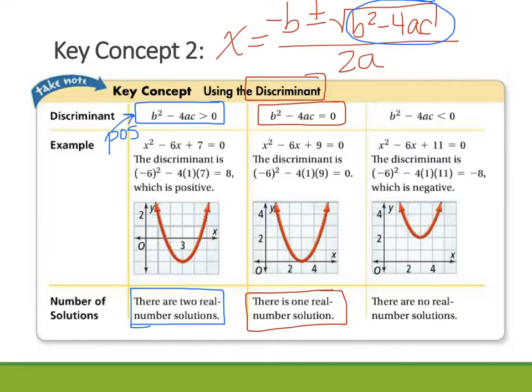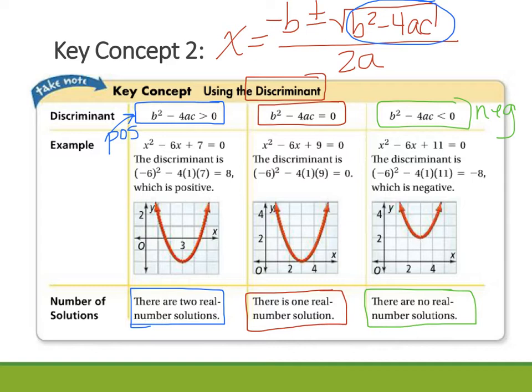And if the discriminant is negative, that is, that it's less than 0, that tells us that there are no real solutions. Okay, so this might not make that much sense to you, but it will in a minute after we've worked some problems. I do want you to notice that for each of these, this chart gives you an example of how to use the discriminant.